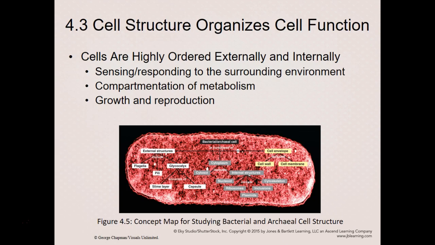Prokaryotic organisms are organized very much like eukaryotic organisms. We have internal structures that are put into compartments, or they're put into one region and nothing else goes there. So they are organized both externally and internally.